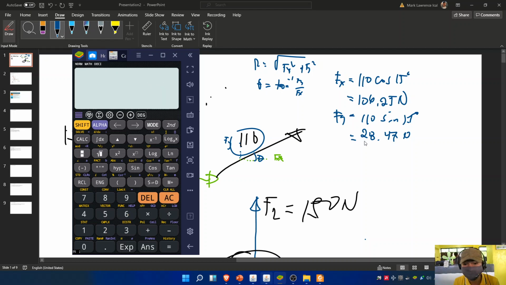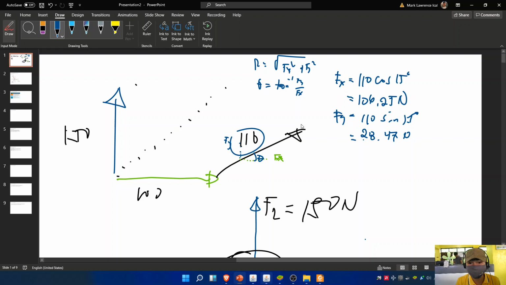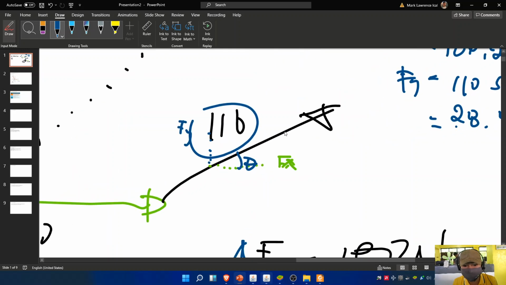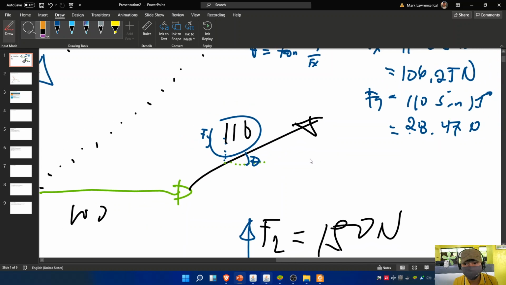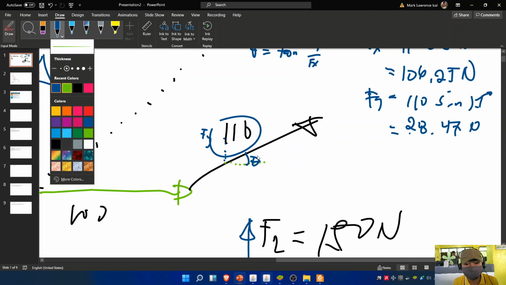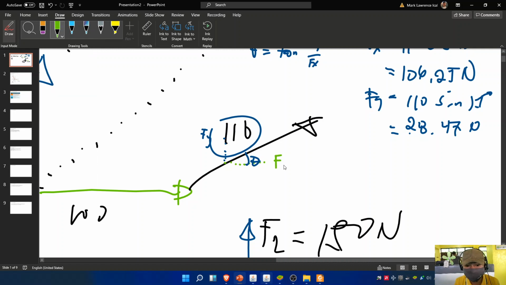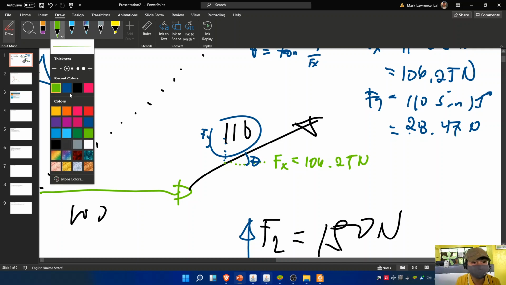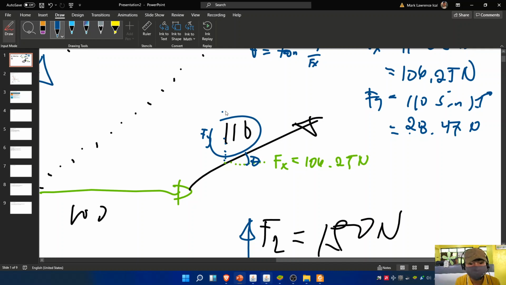Alright, so ito na yung f of y component natin. So it means to say, our f of x component is 106.25 newtons, and our y component 28.47 newtons.